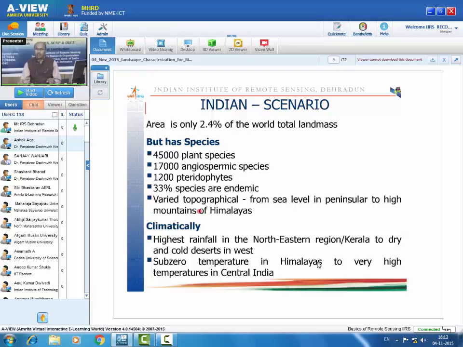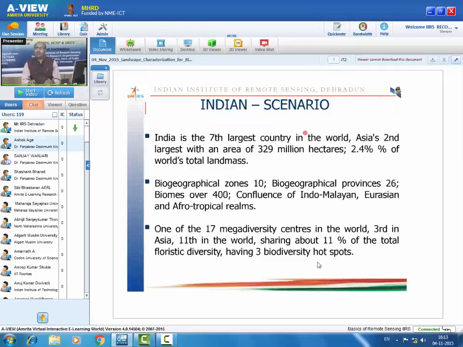You have one of the highest rainfalls in our country in the northeastern region or in some parts of Kerala, to very dry in the west, and cold deserts in the northwestern Himalayas. And you can get sub-zero temperatures or snow-clad mountains. So the temperature varies, the humidity varies, the altitude varies. This leads to a very congenial environment for biodiversity to thrive and evolve.